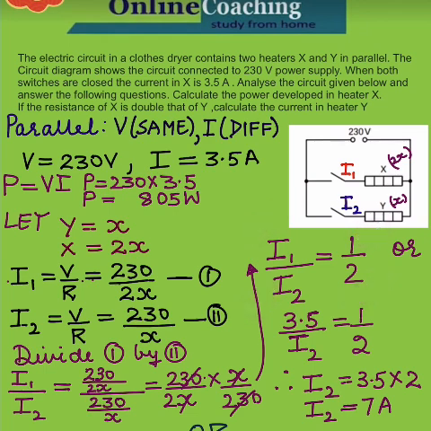Now I will put in the value of the current I1, that is 3.5 amperes, so 3.5 upon I2 is equal to 1 upon 2. After cross multiplying, I get I2 is equal to 3.5 into 2. Multiplying these two, I get 7 amperes. This is the way I have calculated the current in heater Y.